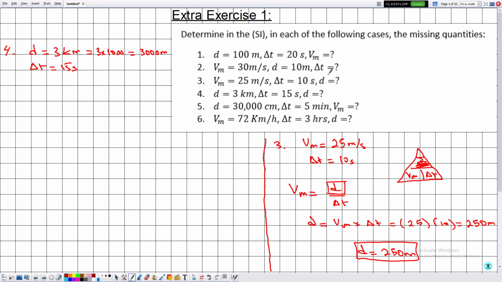Vm. We are in this part 4, so let me change this and make it Vm. Then we are interested in determining Vm, which is given by d divided by delta t.